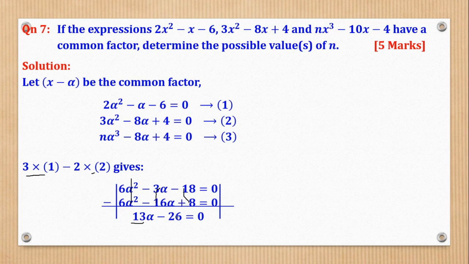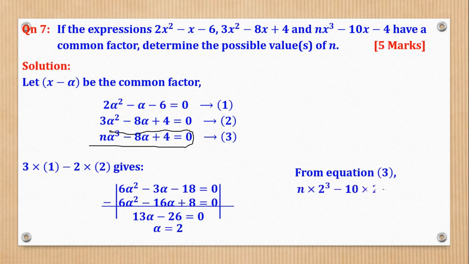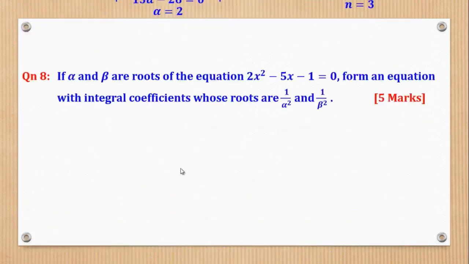This minus this gives you negative 26 equal to 0. Therefore, alpha is equal to 2. After getting alpha, I will come back here in equation 3 and substitute for alpha and look for the value of n, and n will be 3. So that is what they wanted.